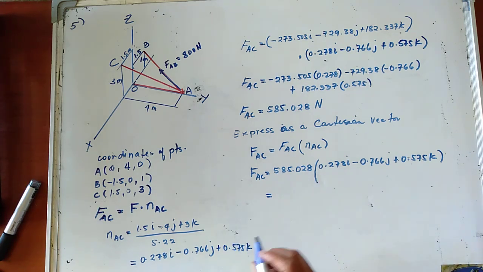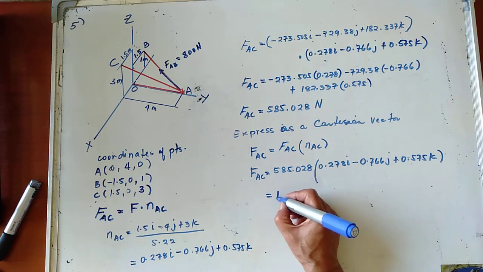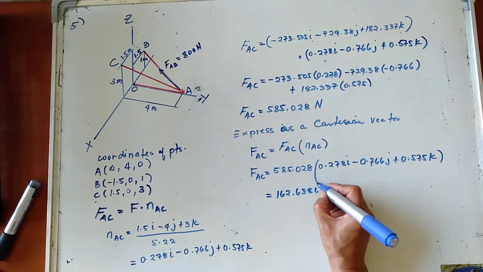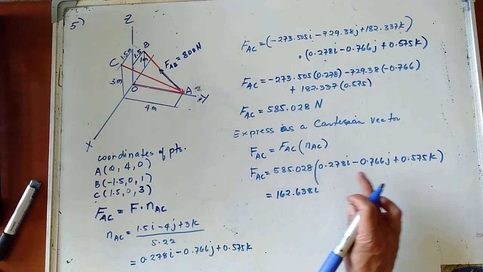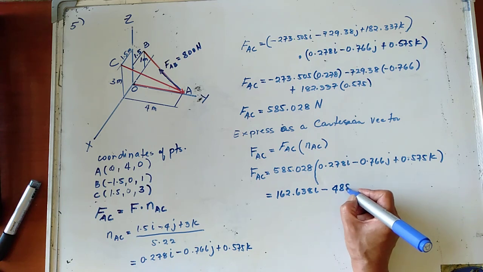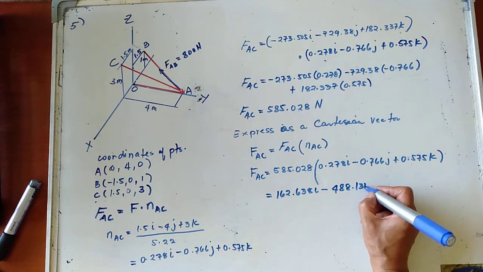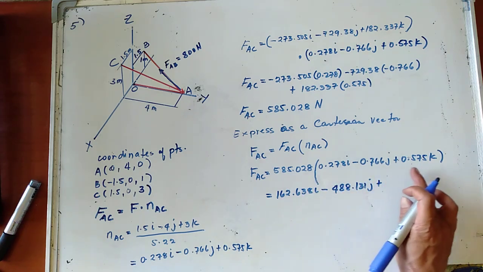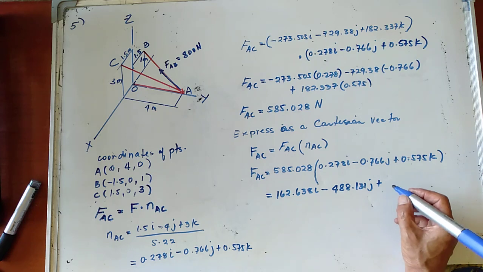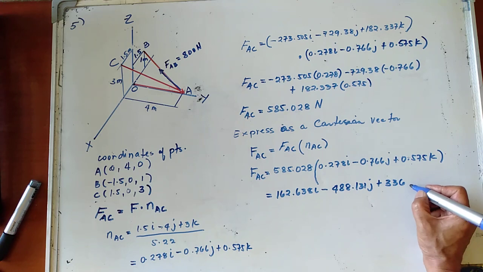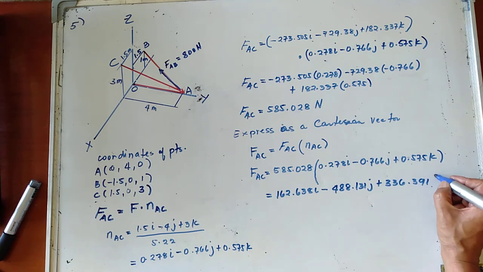So this is equal to 585.028 times 0.278, which is 162.638i, then 585.028 times negative 0.766, which is minus 488.131j, and then plus 585.028 times 0.575, which is 336.391k.